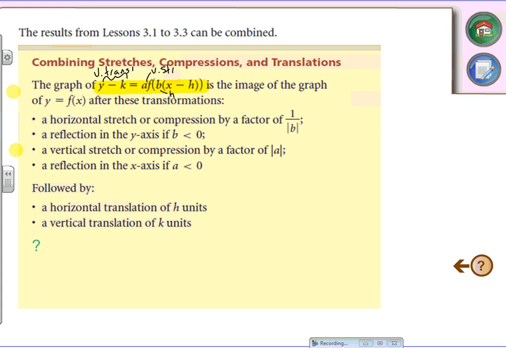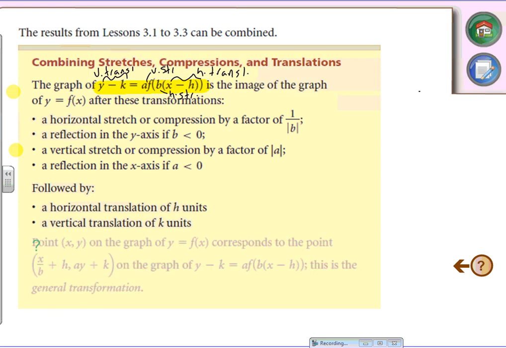We've got horizontal stretch. And we've got horizontal translation. Those letters K, A, B, and H, those are called parameters. The X and the Y are the variables. Those other letters are the parameters.